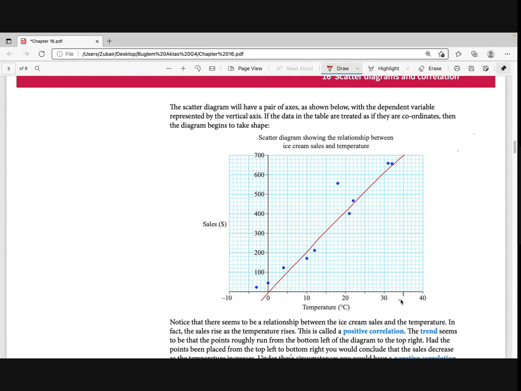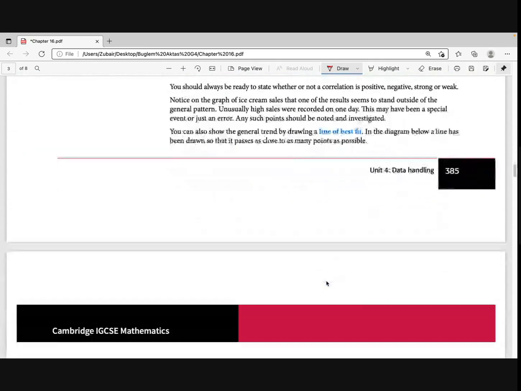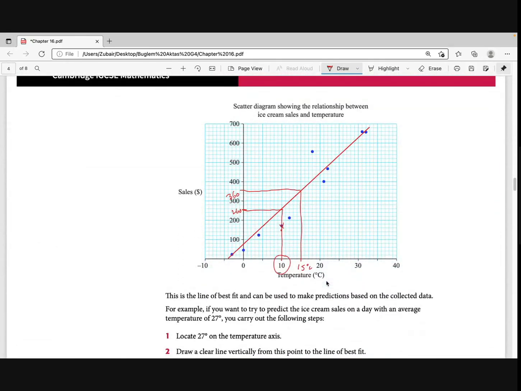So we can see this 35 and just use our expected line and see how much sales we would expect. So following the trend and continue it. I'm actually going outside it, so I would call it extrapolation. And with this 15, I would call it interpolation because this is between the data.